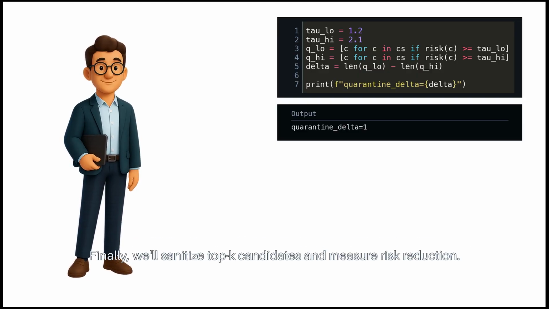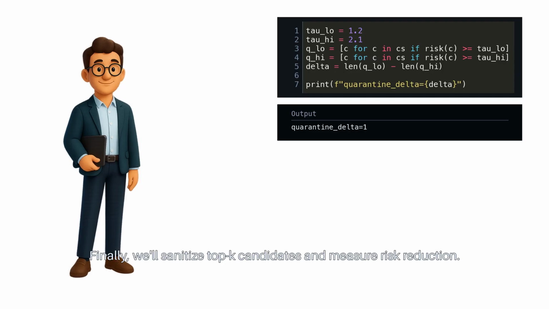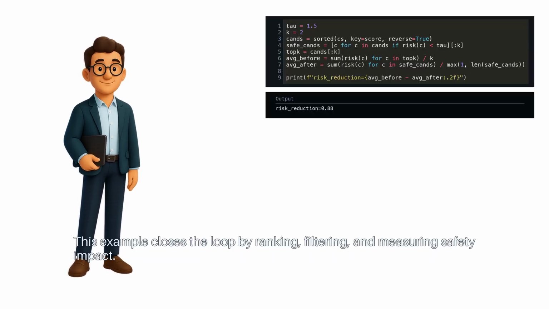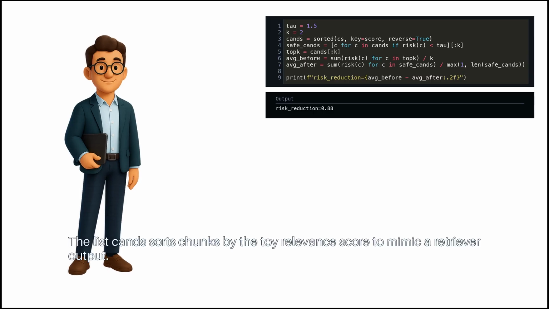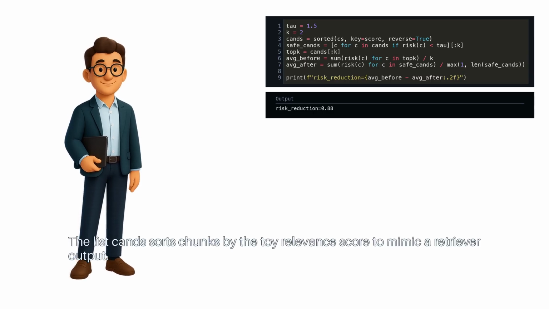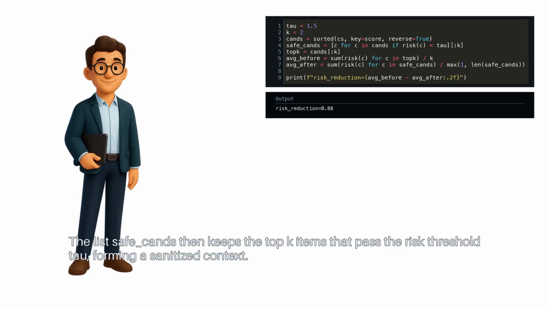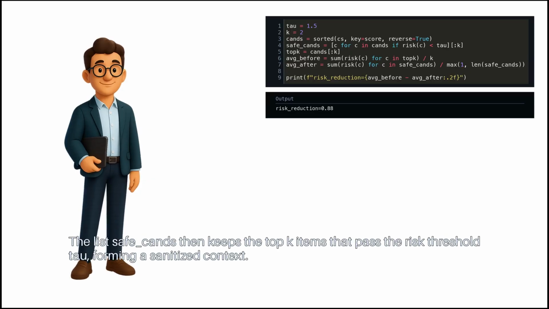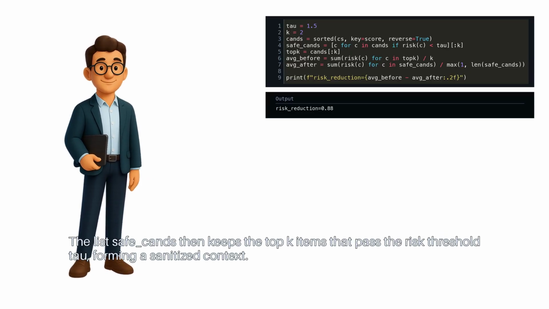Finally, we'll sanitize top K candidates and measure risk reduction. This example closes the loop by ranking, filtering, and measuring safety impact. The list can sorts chunks by the toy relevance score to mimic a retriever output. The list safe cans then keeps the top K items that pass the risk threshold tau, forming a sanitized context.